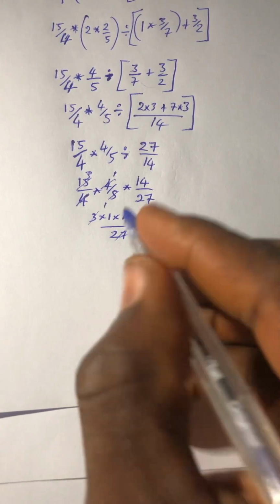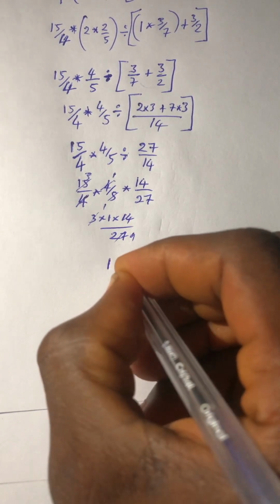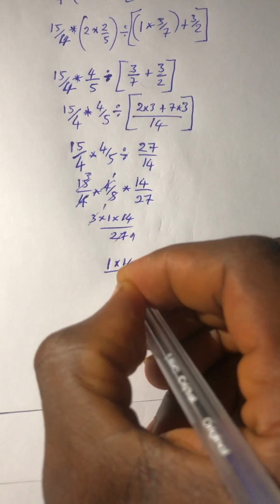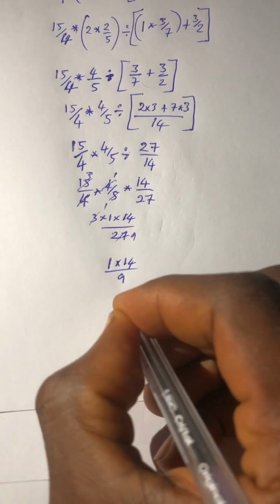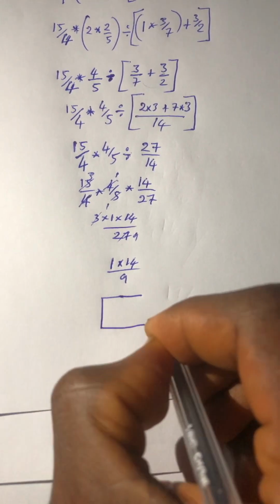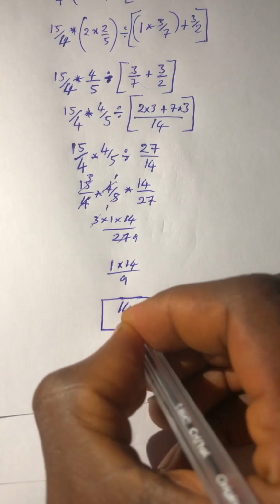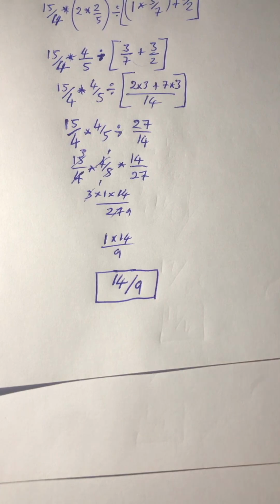So what we have here is 1 times 14 over 9, and our final answer will be in this box as what? 14 over 9.